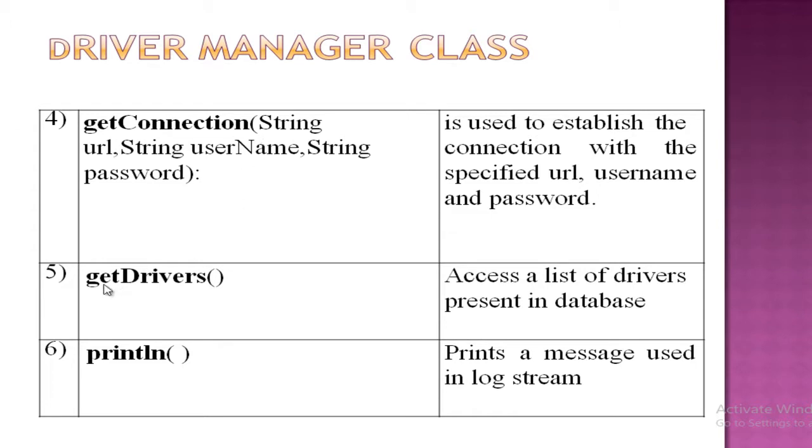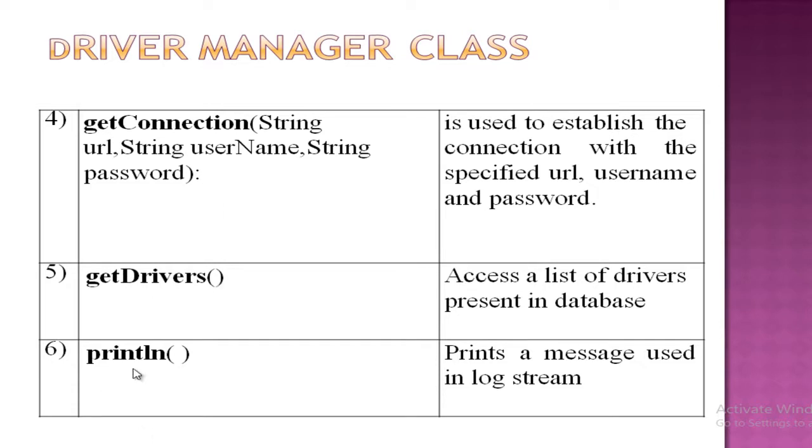Next is getDrivers, which accesses a list of the drivers present. Suppose we have used a number of drivers in a particular example and want to know which drivers are used, then we use the DriverManager method getDrivers.